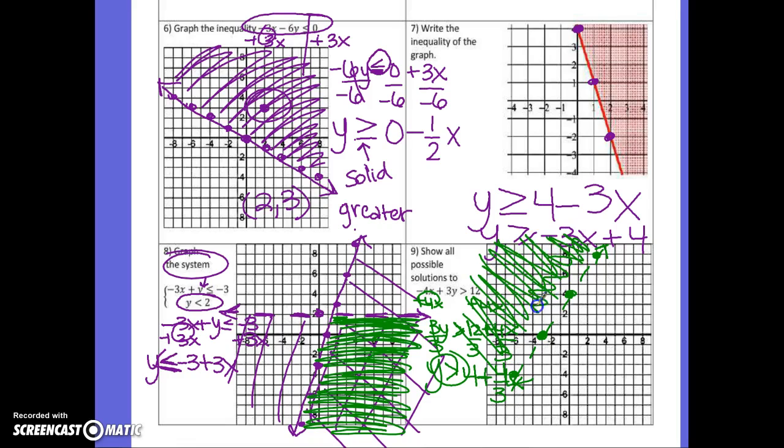Any x, y point you pick up here is going to work if you plug it back into our original inequality, negative 4x plus 3y is greater than 12. So any point I pick here, whether it's this point, or somewhere way up here, any of those x, y values, if I plug them in here, will work.